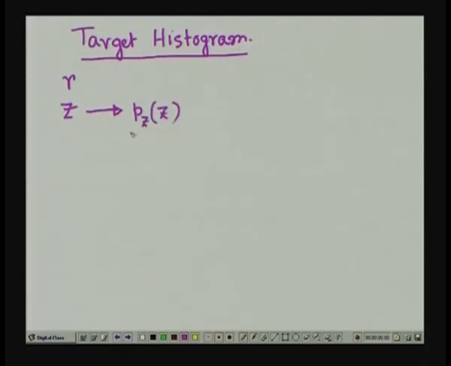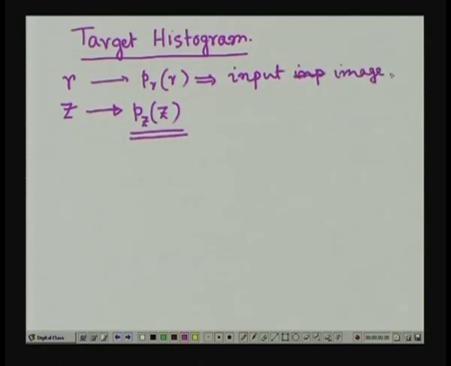So, this p_z(z) specifies our target histogram, and from the given image r we can obtain p_r(r), that is the histogram of the given image. So, this we can obtain from the input image, whereas p_z(z), that is the target histogram, is specified.